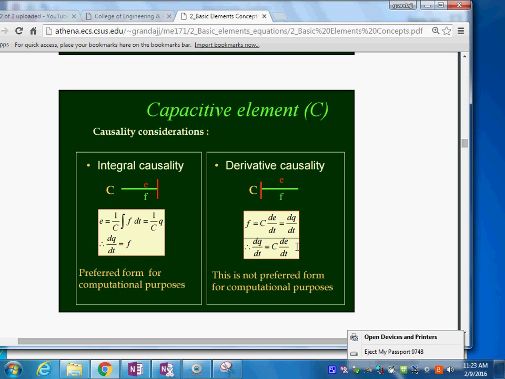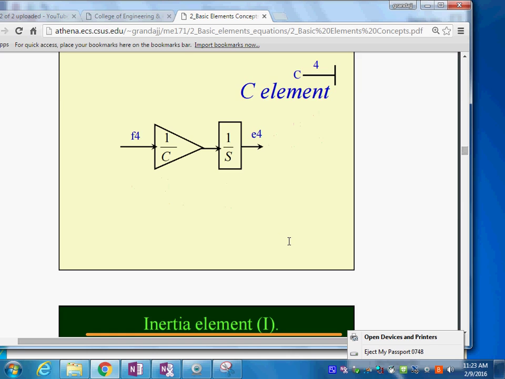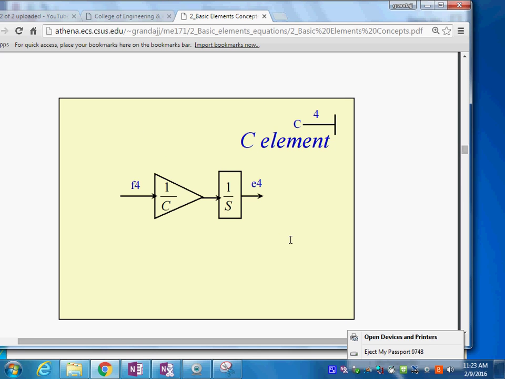So in here, just like on the C element, you have two possibilities: to write it in the integral form or to write it in the derivative form. The preferred method is always to write in the integral form, because computers are very good at integrating.